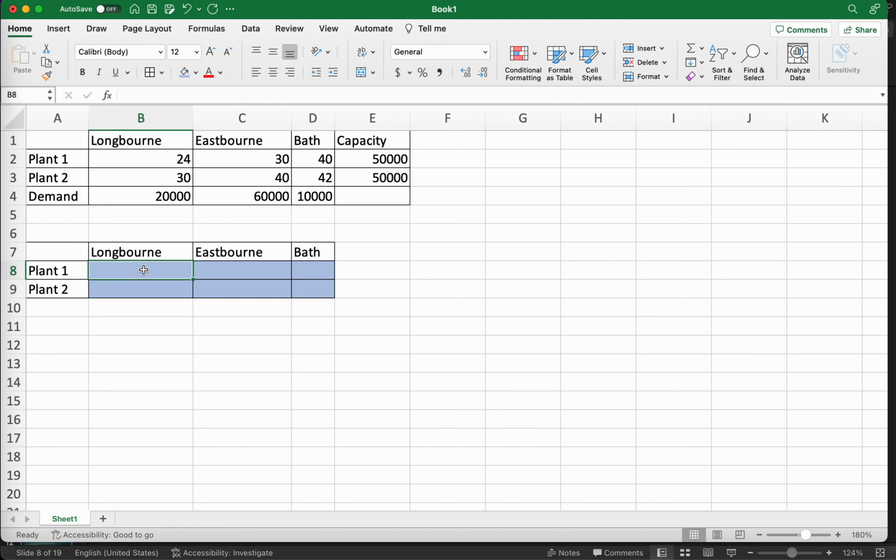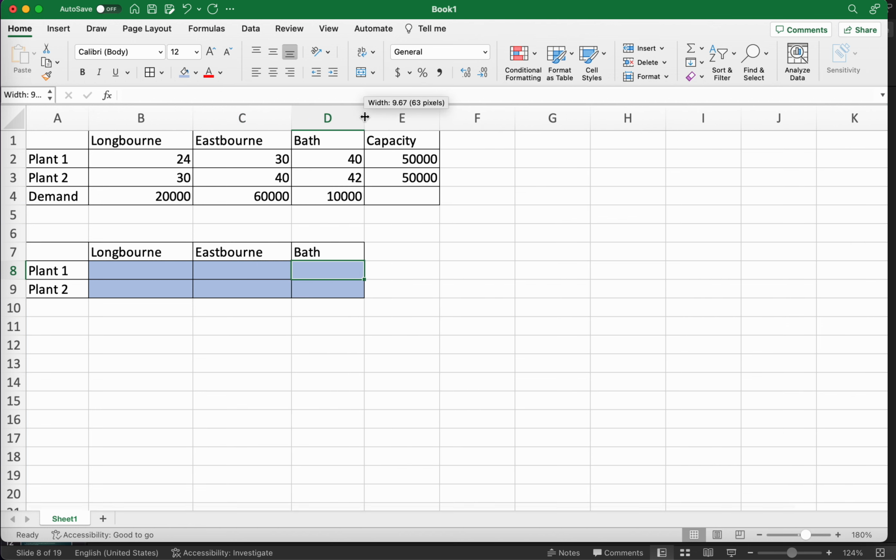So this cell is X11, which represents the number of units that you transport from plant 1 to Longbourn. Plant 1 to Eastbourne is going to be here. Plant 1 to Bath will be here. Then plant 2 to Longbourn, plant 2 to Eastbourne, plant 2 to Bath. So these are the decision variables that you have. So the X11, X12, X13, X21, X22, X23. So those are going to be your decision variables.